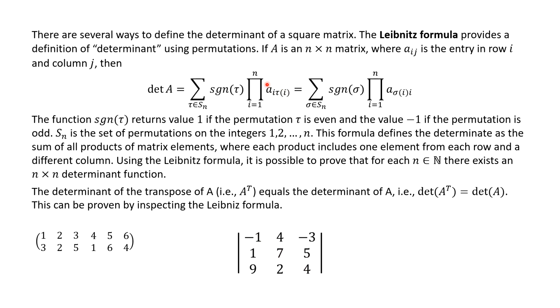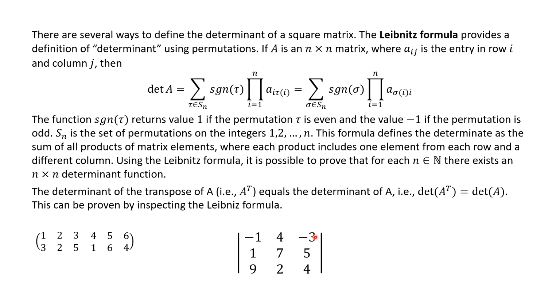So that would be the first two sums in here. Then you would take 4 times 1 times 4. And that's an even, I believe. And then you would take 4 times 5 times 9. And that would be a negative permutation, an odd permutation.